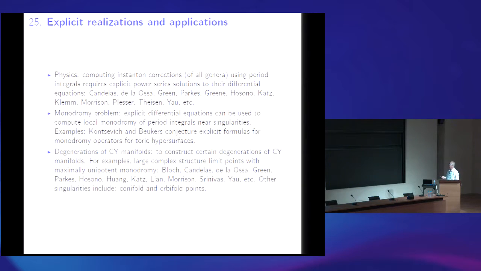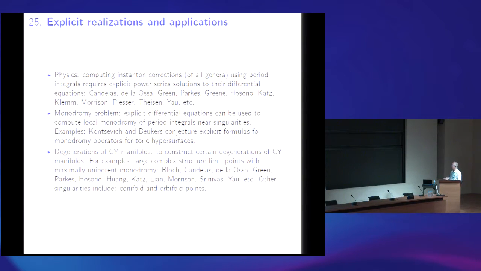So we can use this to compute instanton corrections using the period integrals. And this was due to many people after the fundamental work by Candelas et al. And this monodromy problem, the differential equation explicitly written down, can be used to calculate the local monodromy.